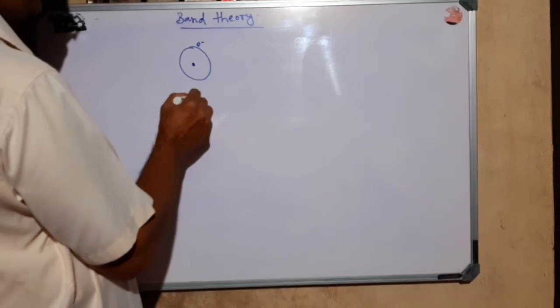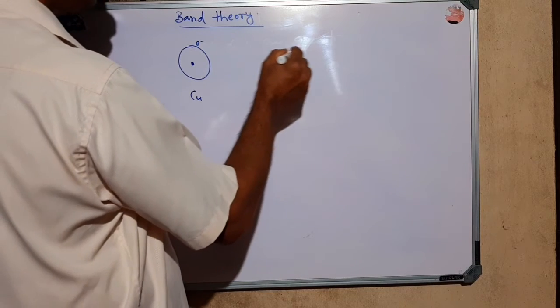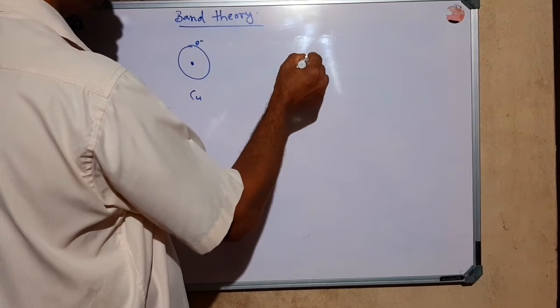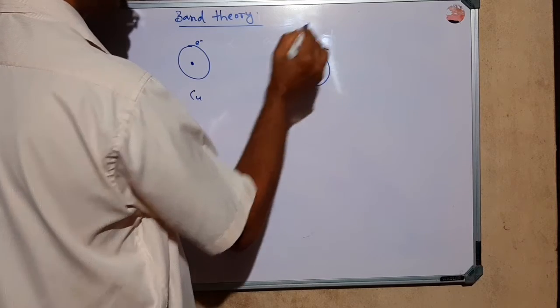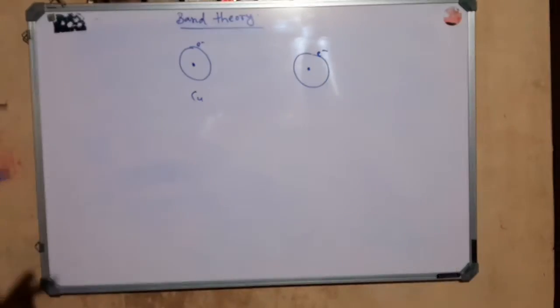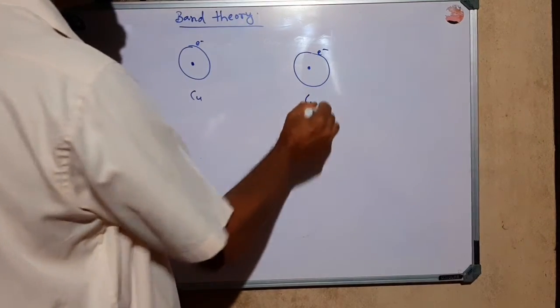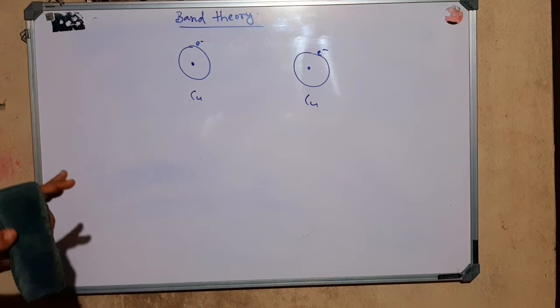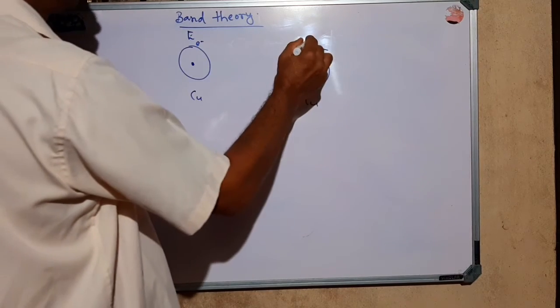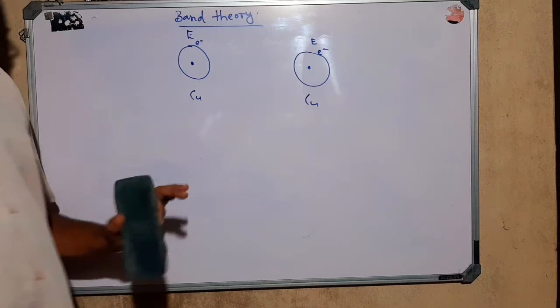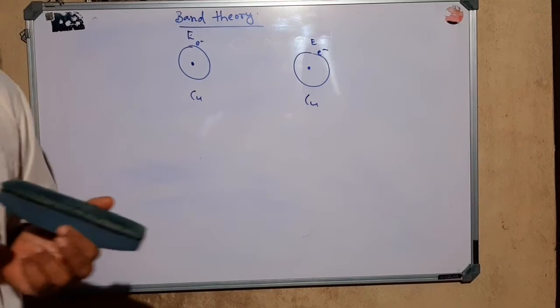Say this is a copper atom. Similarly, consider another copper atom farther away. Now, when these copper atoms are well separated, the energy of this electron is E. This is also E.